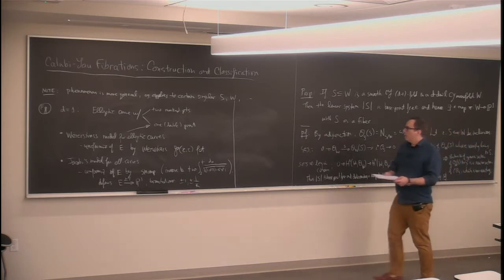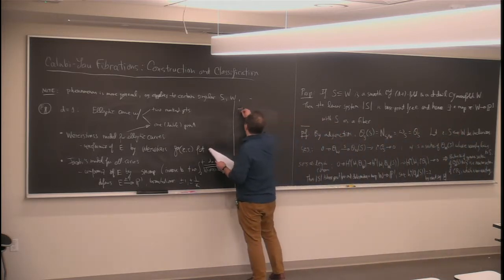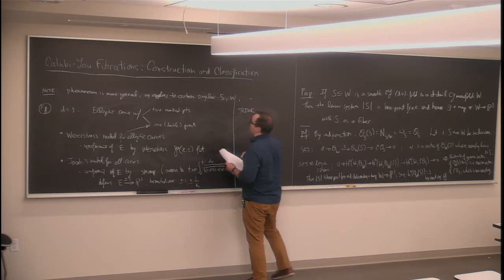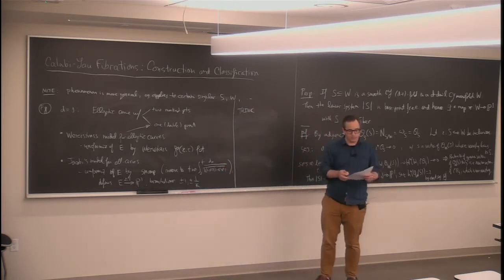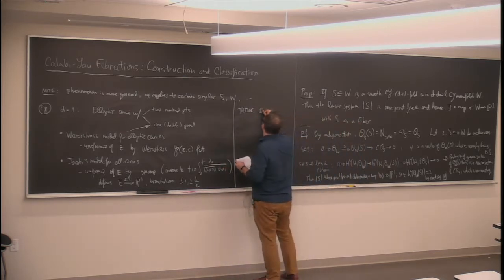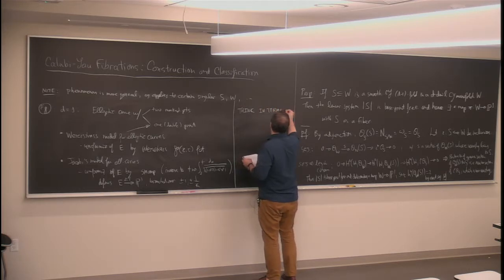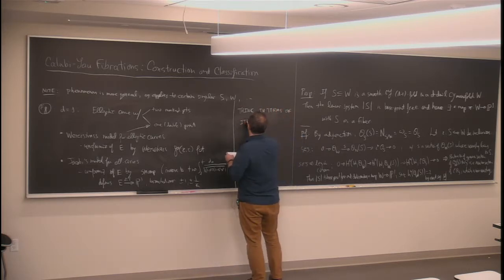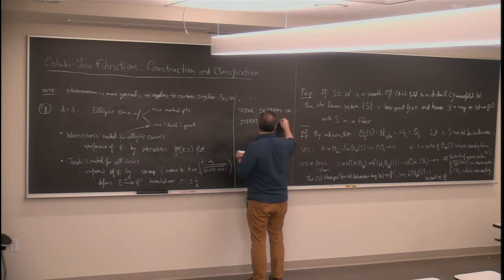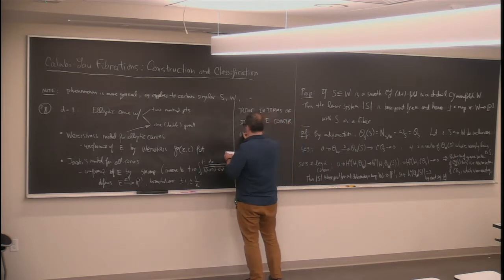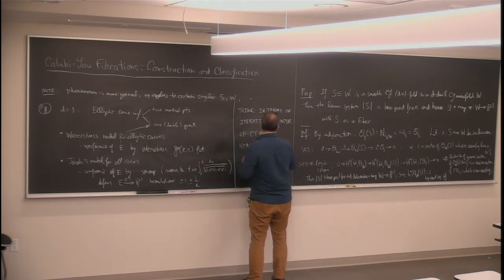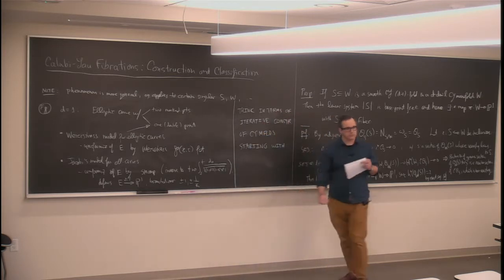Okay. So what this suggests is that we think in terms of construction and maybe classification of Calabi-Yaus in terms of iterative construction of Calabi-Yau manifolds, starting with the simplest case.